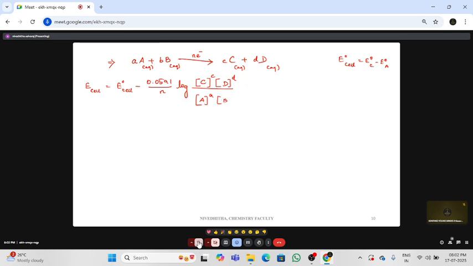That's it. If suppose the system is at equilibrium, then is it possible for us to write the equilibrium constant? You have studied it in your 11th standard. What is the equilibrium constant representation? Kc is equal to concentration of products by reactants.